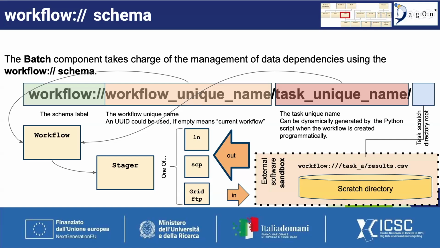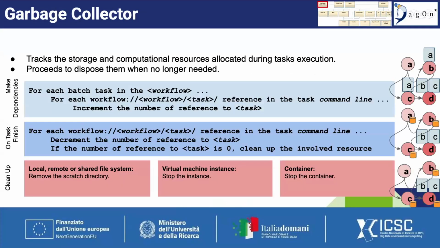More, the stager is modular, and it's possible to implement different kinds of stagers. For example, at the beginning of the DAGonStar epopea, we had the stager for linked files, if we trust a lot the security of our cluster, secure copy, or even GridFTP.